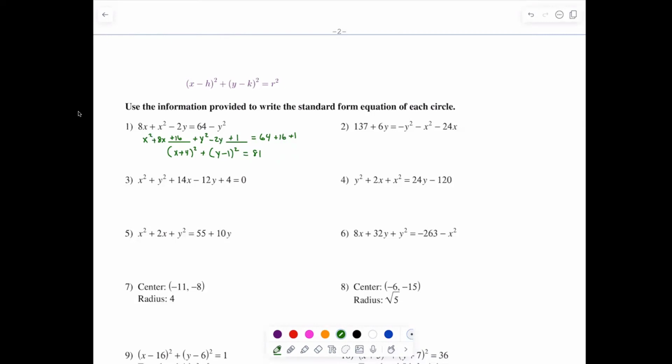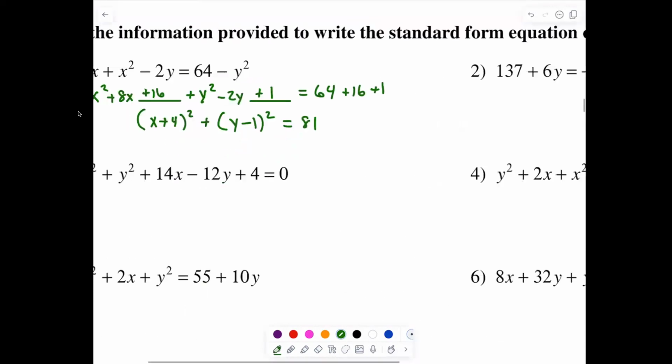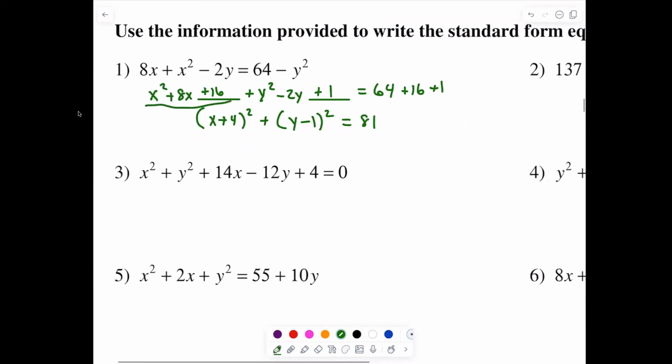Yes, sir. Why can't the plus one be a negative? What is negative 1 squared? One. That's why it's adding 1. Why are we squaring? Because I'm trying to complete the square, to convert this to this so I can find the center of the circle.